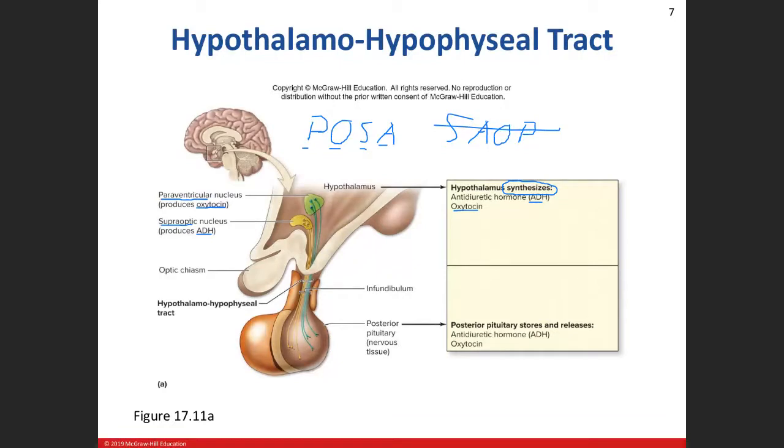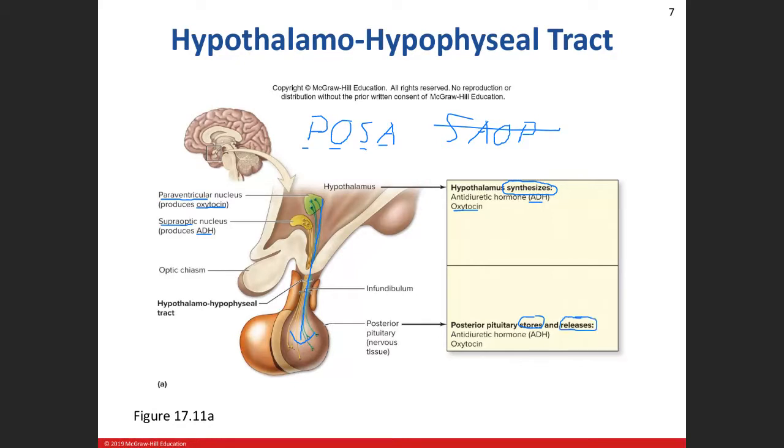In this situation, no. The hypothalamus made the oxytocin and the antidiuretic hormone, and then ships it down into the posterior pituitary, the neurohypophysis, where it stores it and releases or secretes it.